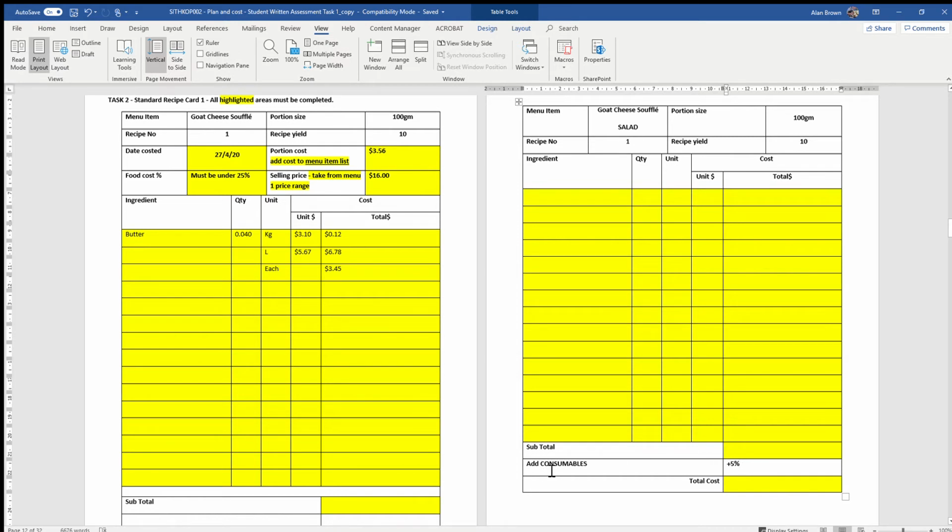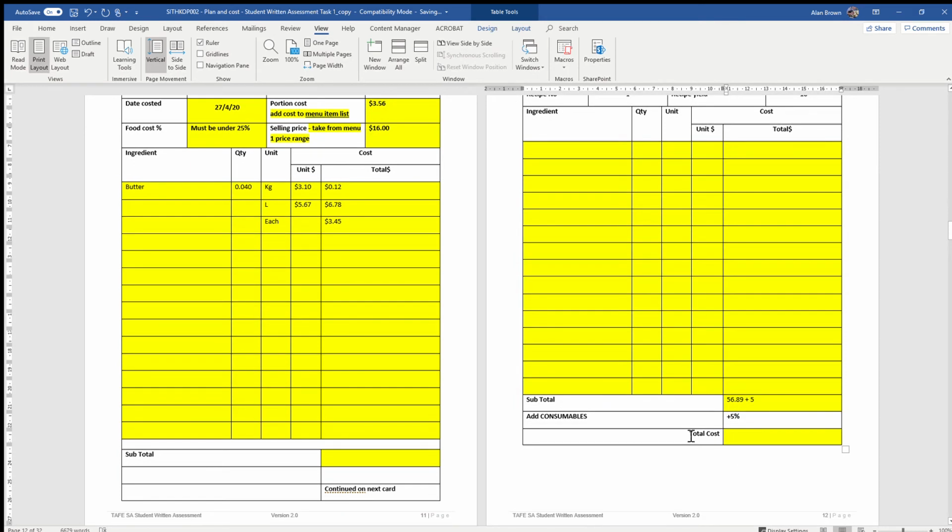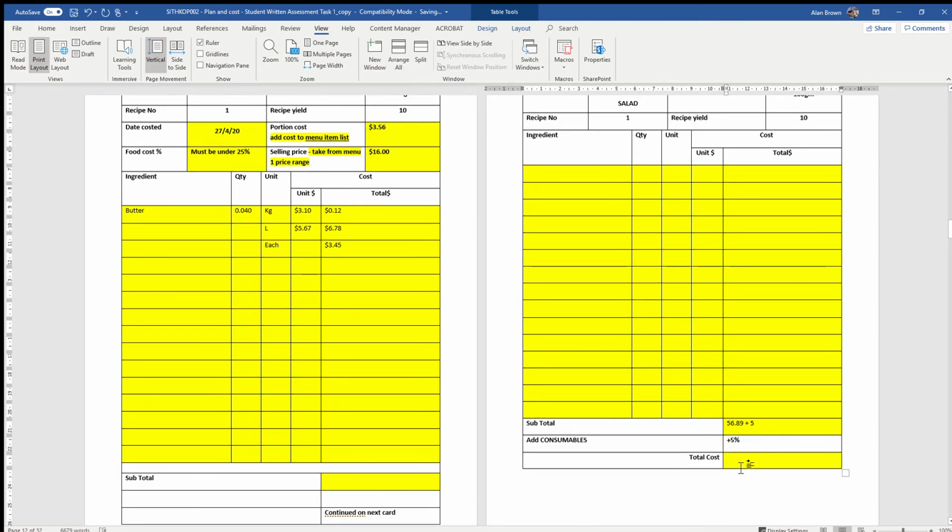To add the consumables in, get your mathematical calculator out, go +5 and then hit the % button, but you have to have your total amount in the calculator. So let's say my total's $56.89, then I go +5 and hit the % button, and you'll get the total cost there. That's a good way of working that out. I'll just remove that, otherwise it'll get confusing.